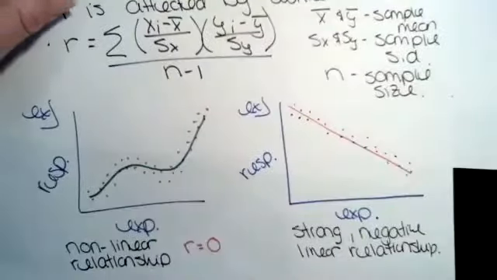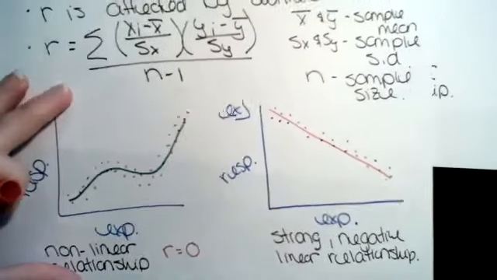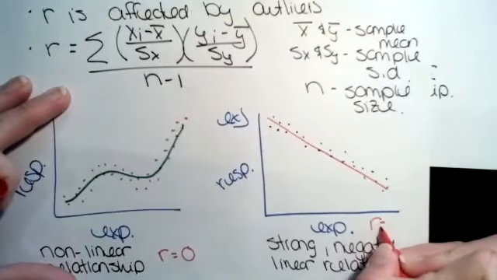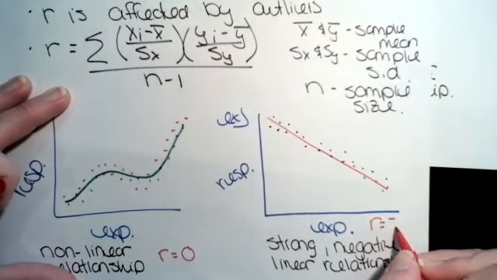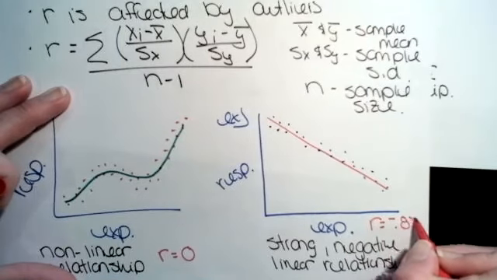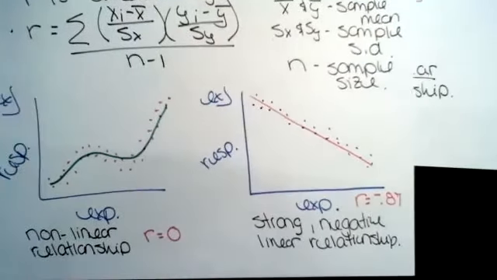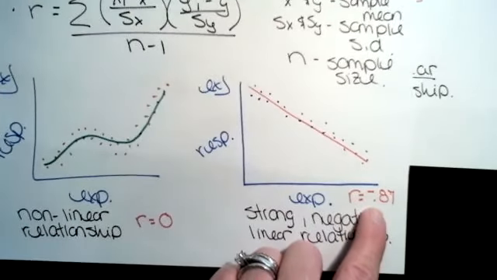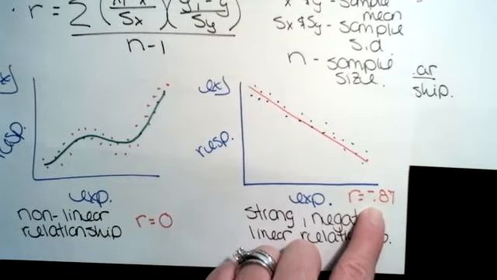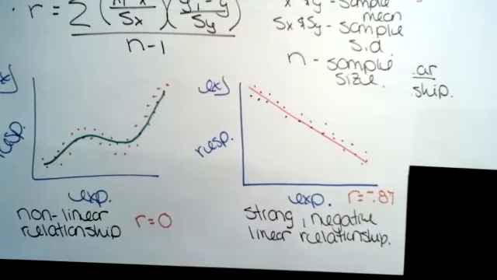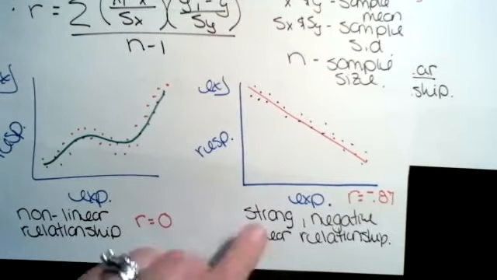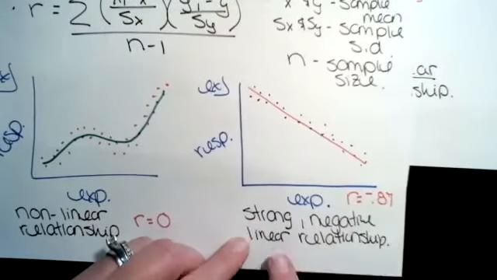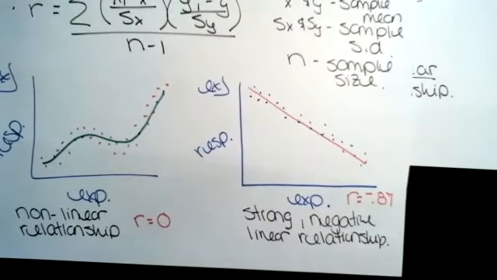So here I would have an R value of maybe negative 0.87. I'm just guessing what it would be, I didn't calculate anything right here. And then I would say I have a strong negative linear relationship between X and Y. Does that make sense?